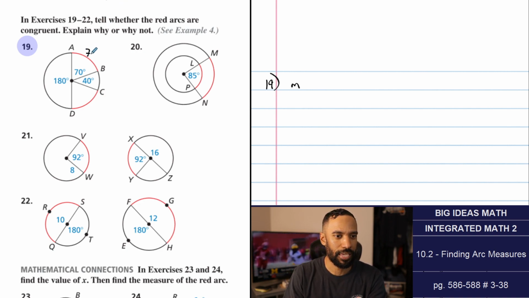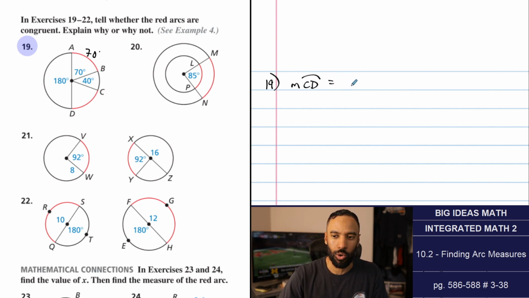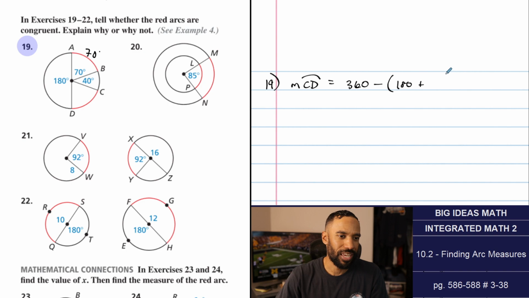So arc AB is 70 degrees right here. I need to see if arc CD is also 70 degrees. What I can do is add all these up and subtract from 360. So I want to find out if the measure of arc CD is going to be 70 degrees as well. So 360 minus 180. I guess I only need 360 for everything. I could have just done 180.